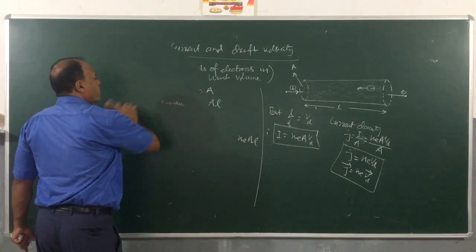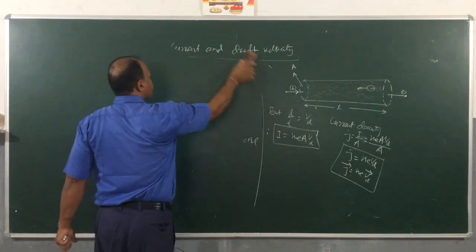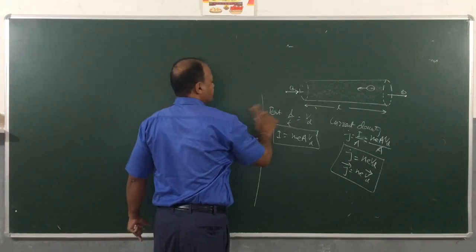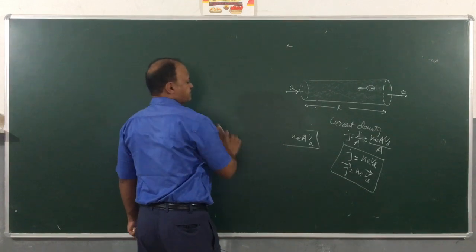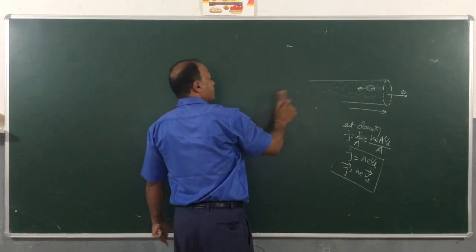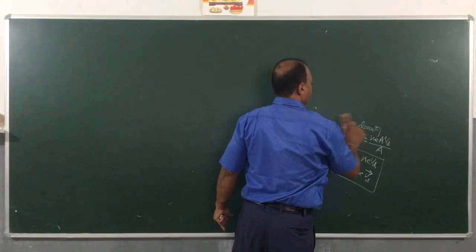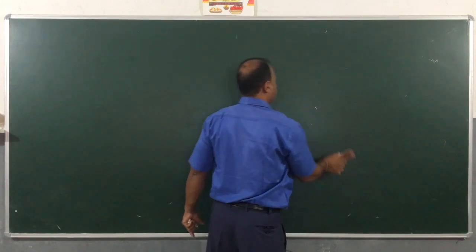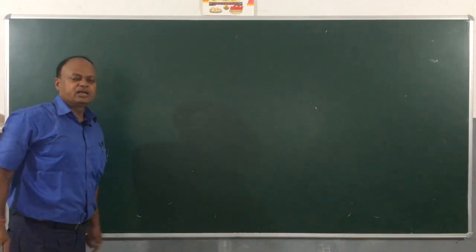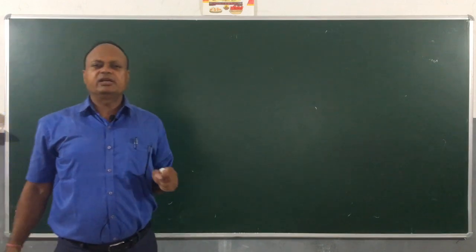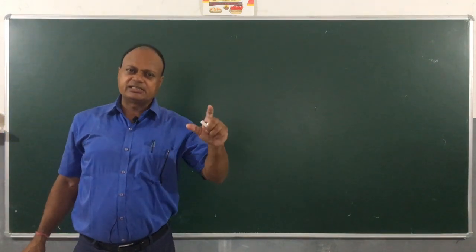Now children, we will try to establish Ohm's law using drift velocity. And you very well know, for proving Ohm's law, we have to prove that V divided by I is constant. Always bear in mind, Ohm's law will hold only when V divided by I is constant.